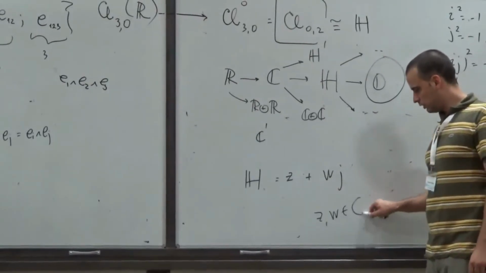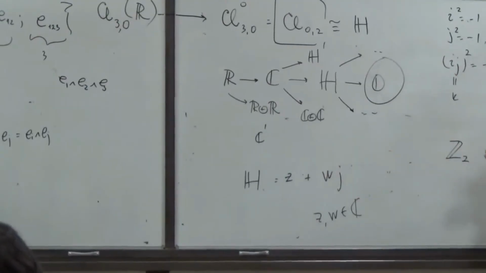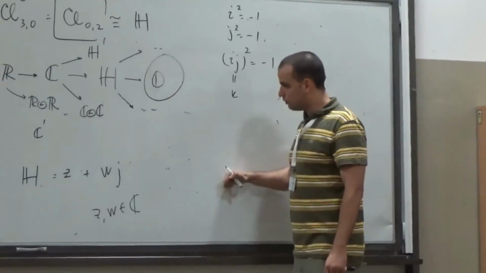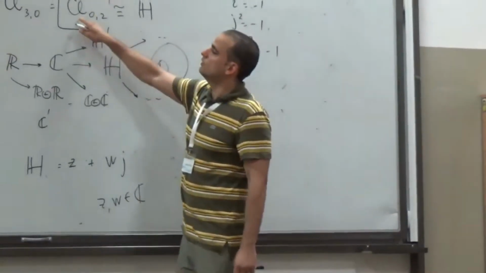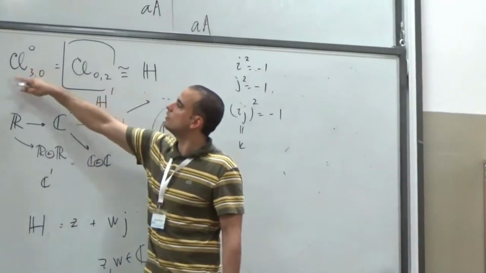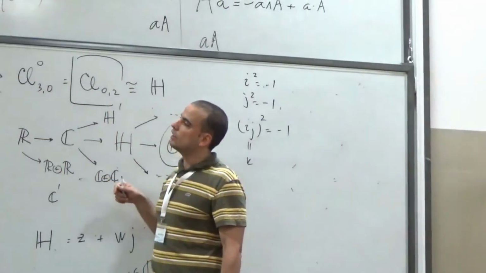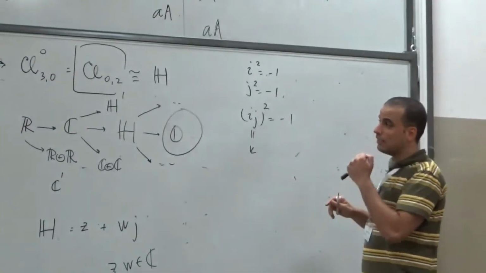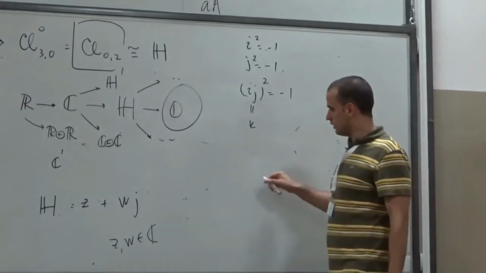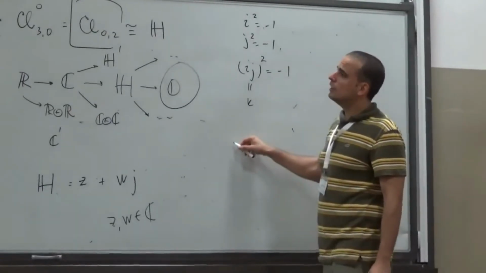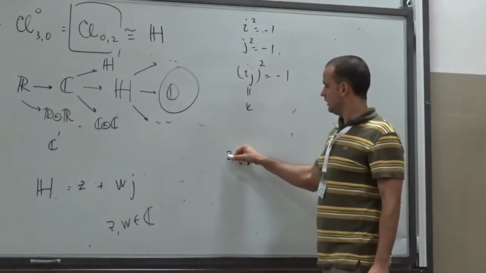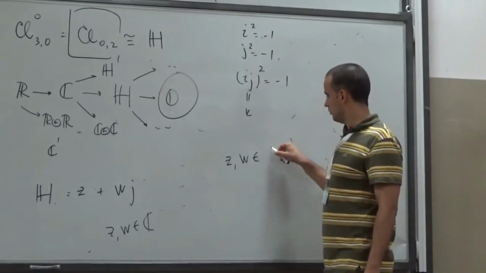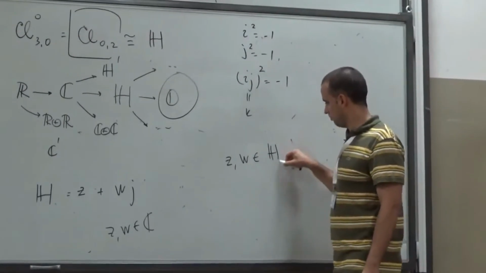It's very similar to the construction of complex numbers from reals. So if you want to go from quaternions and construct the whole three-dimensional space algebra, what do you have to do? It's something similar. You have two quaternions, let's say Z and W. Now they're going to be quaternions.